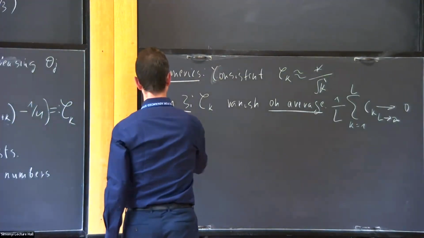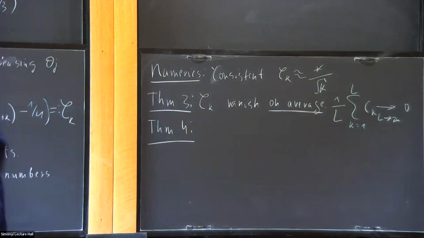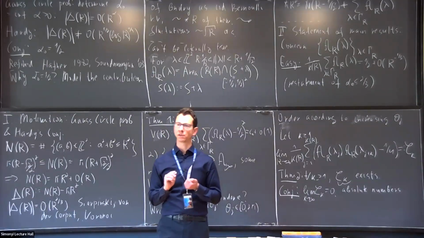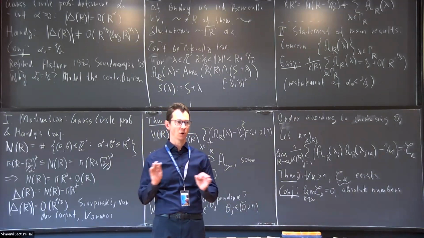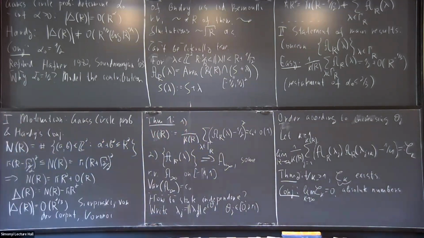Number 2, the following result. Instead of ordering these lattice points by increasing theta, we actually look at where this theta falls, what interval it falls into.